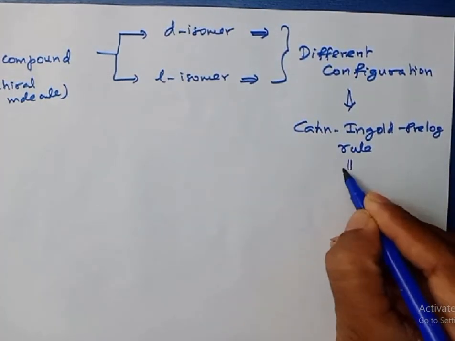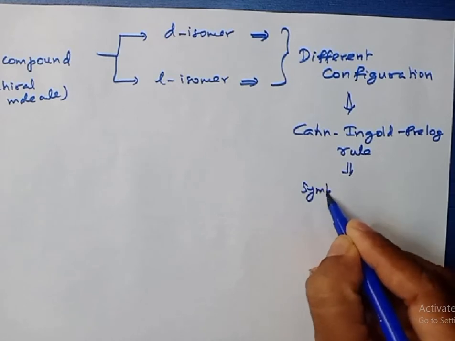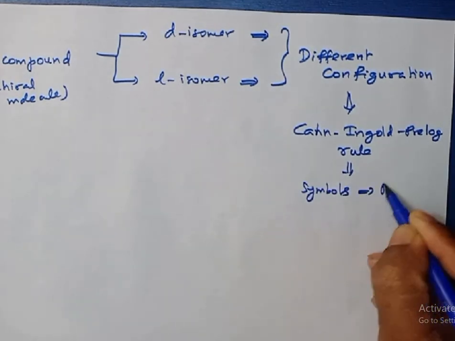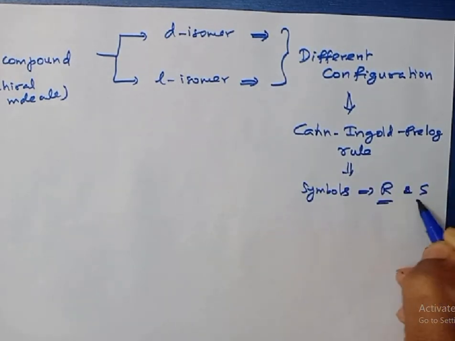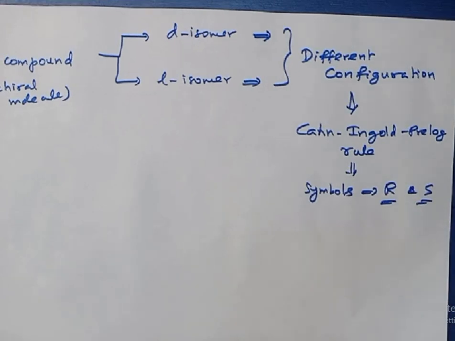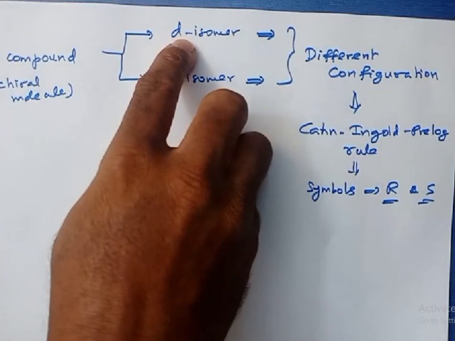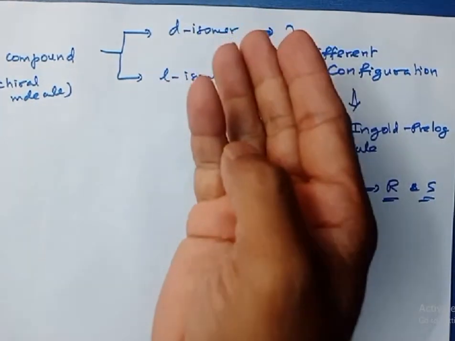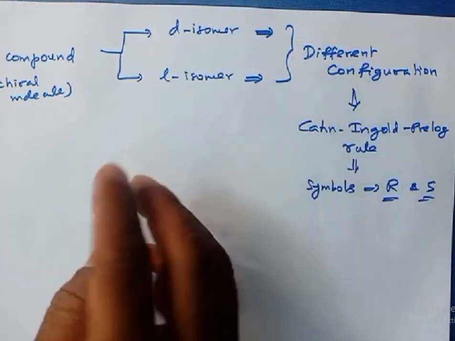We usually give two symbols, R and S. We will give the R symbol or the S symbol for the configuration. A D isomer may have R configuration or S configuration. An L isomer also may have R configuration or S configuration.